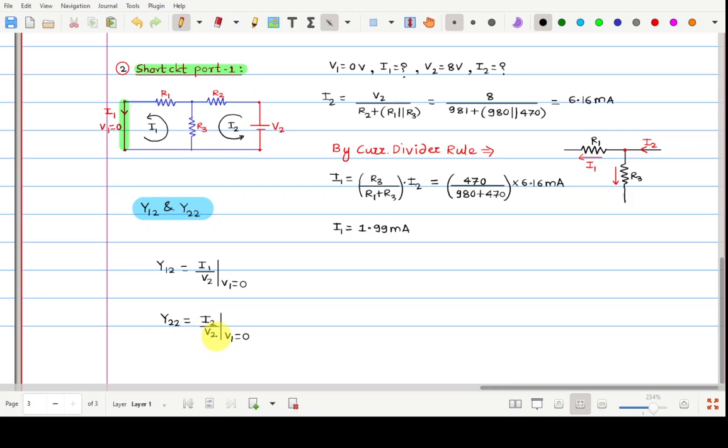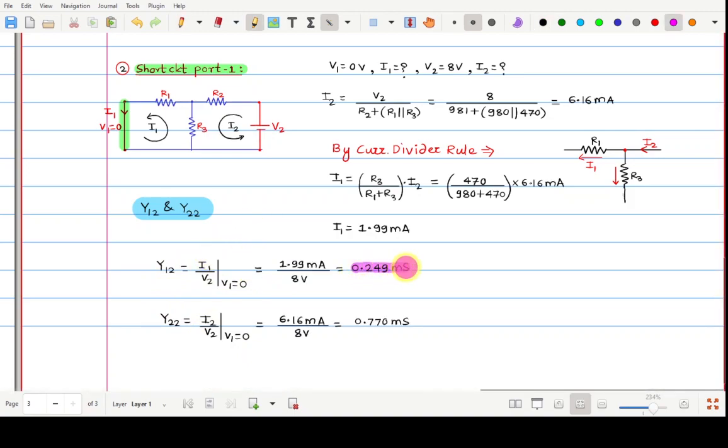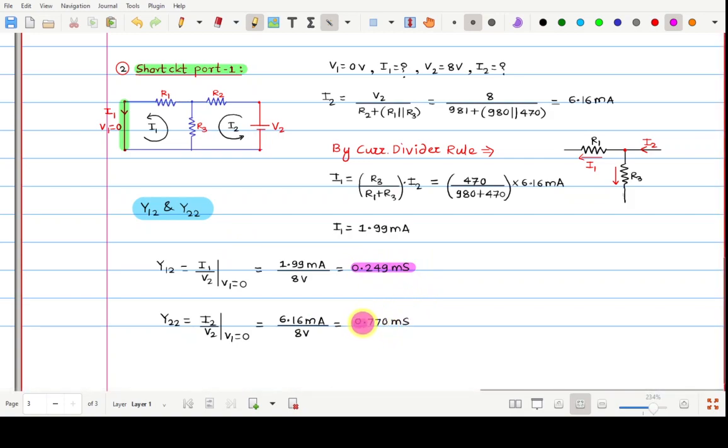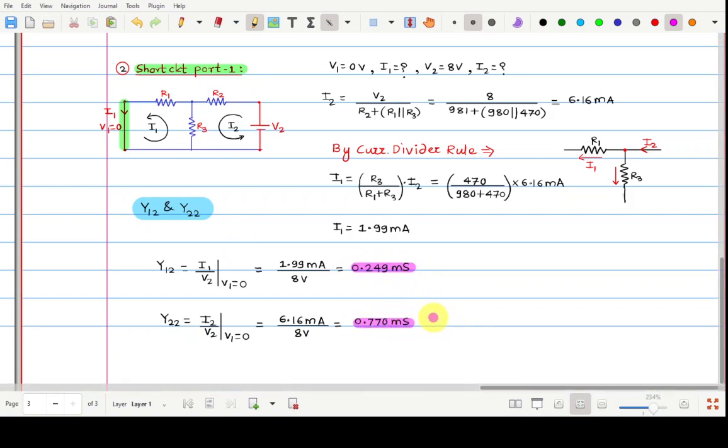So again we are taking V2, so V1 should be 0. Now put these values, you will get the value of these two y parameters as 0.249 millisiemens or millimho, and y22 is 0.770 millisiemens or millimho. Okay, so in this way we can calculate Y parameters for any two-port network.